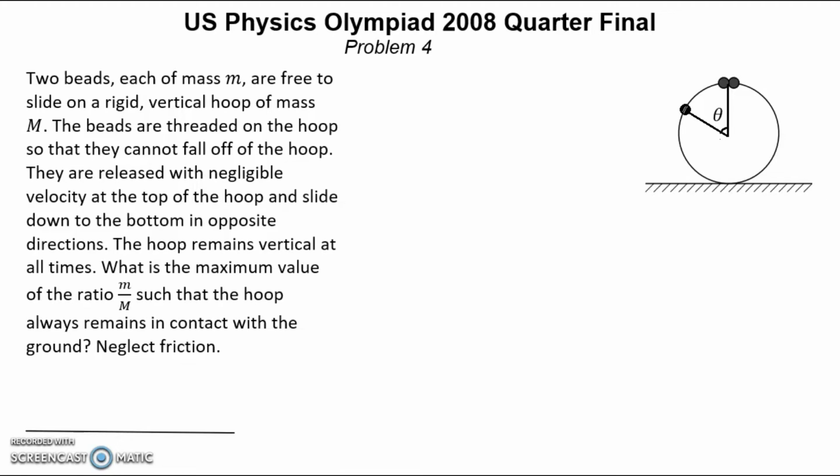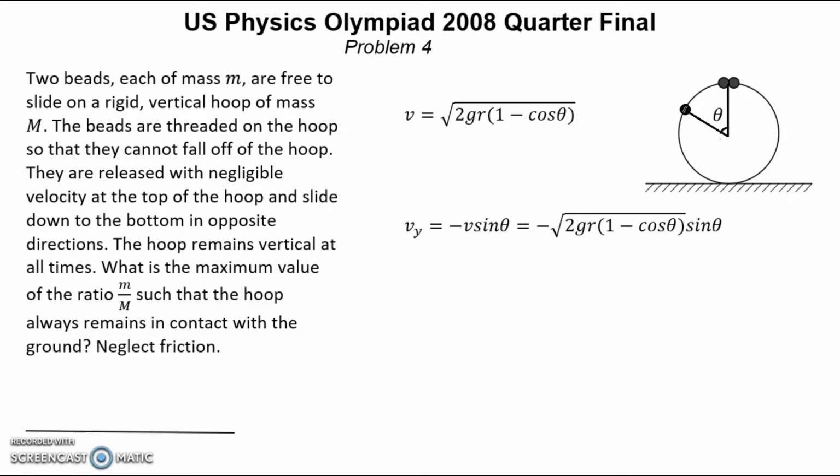So we already counted what is the velocity for an angle theta. This is the expression, and we can find the projection of this velocity on the y direction. That will be this one, and it's negative because it's going down. Now let's take the first derivative by time of this velocity.